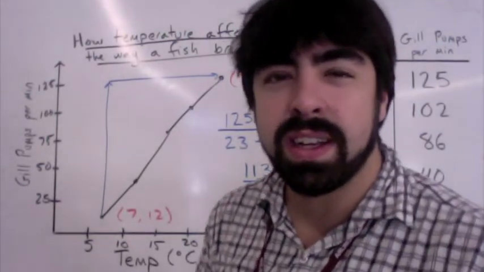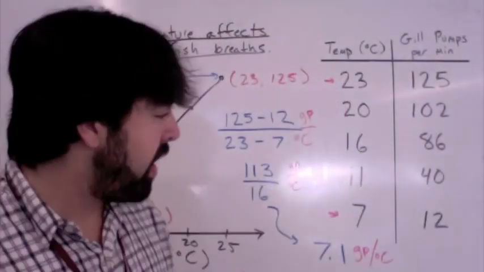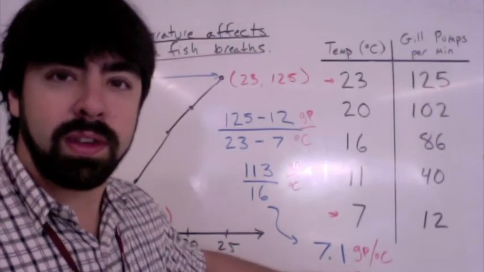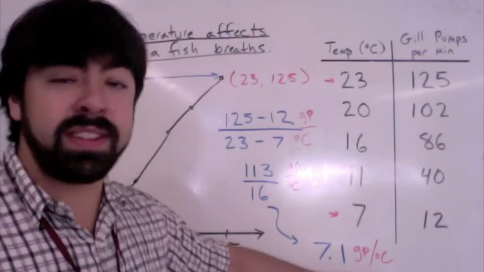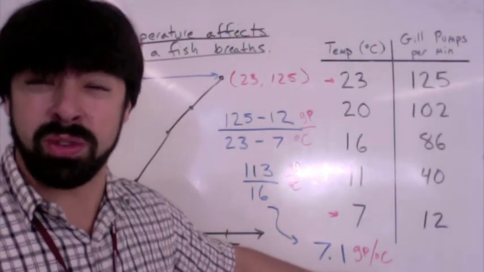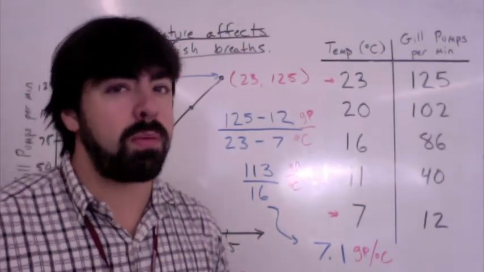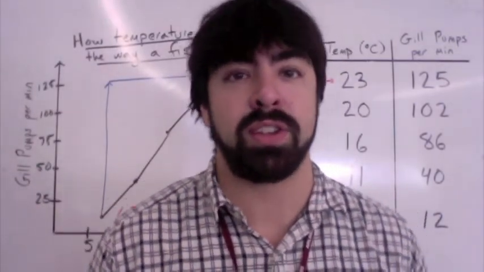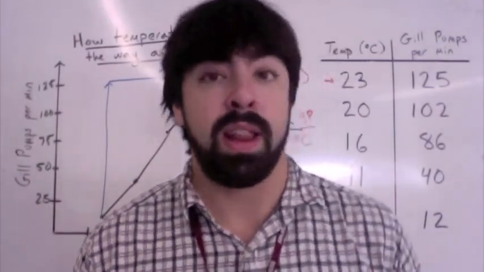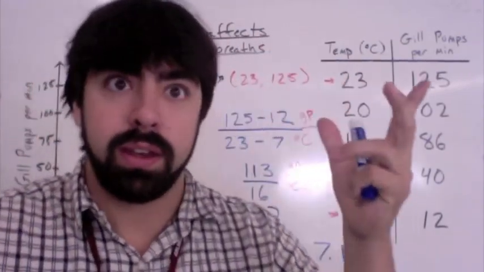That number basically tells us how many gill pumps the fish is going to change as I change the temperature by every single degree. We'll talk more about that in class, but it's a very, very useful tool in science. It actually makes a lot of things click.